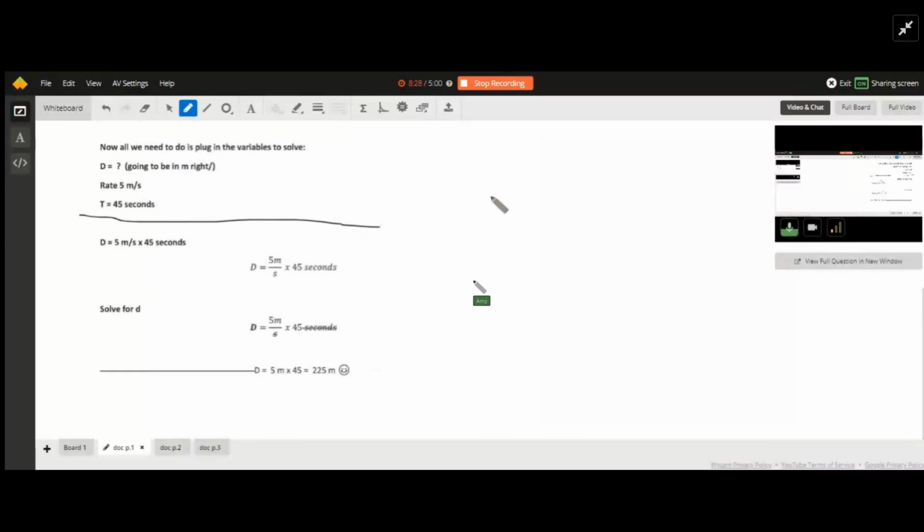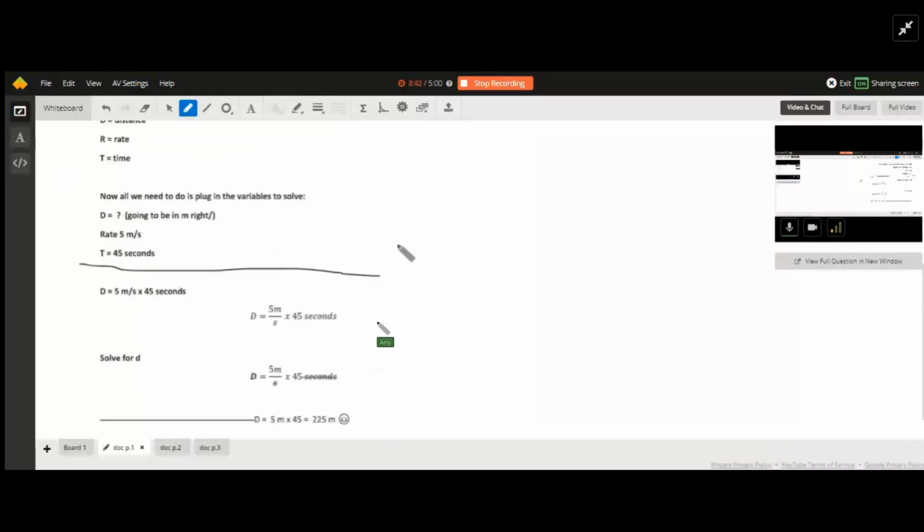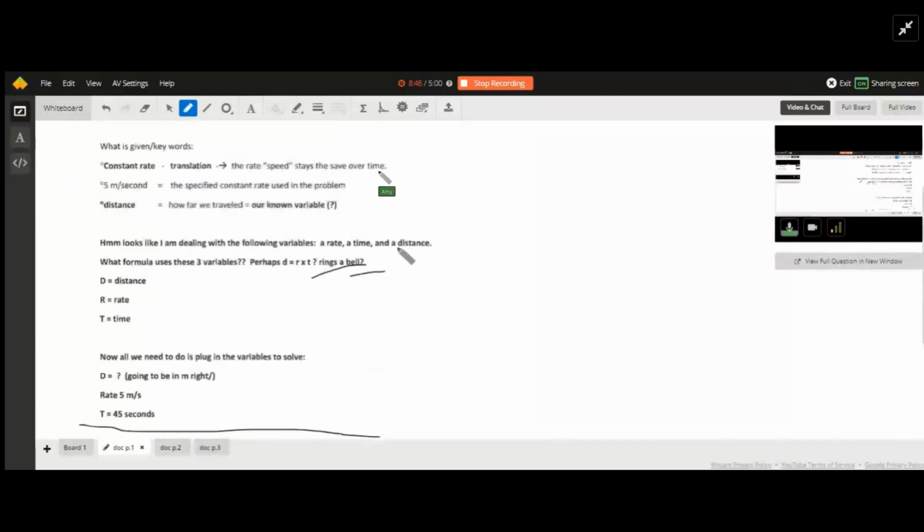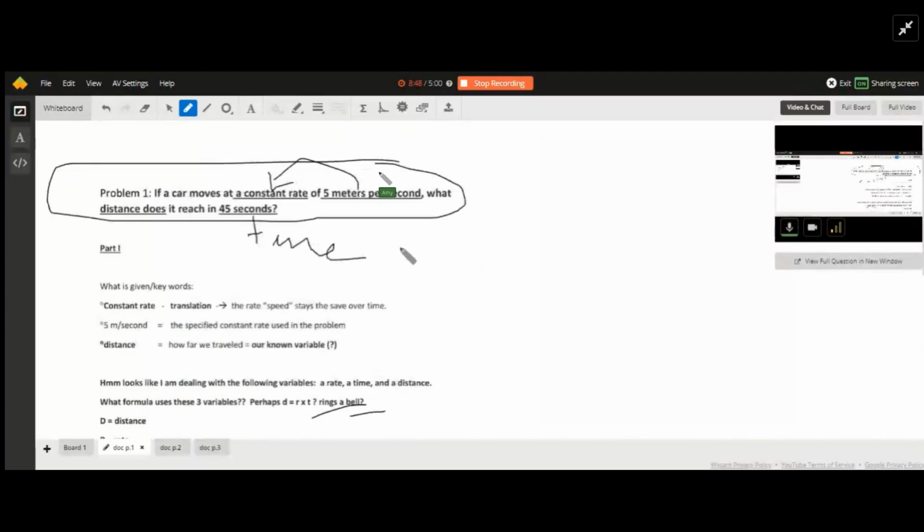But let's take a look at that. So if we have minutes per second and we have seconds, okay? So by default, we're probably going to want to do, basically, did I say minutes per second? I'm sorry. Miles, did I say meters? I don't want to mix you up here.